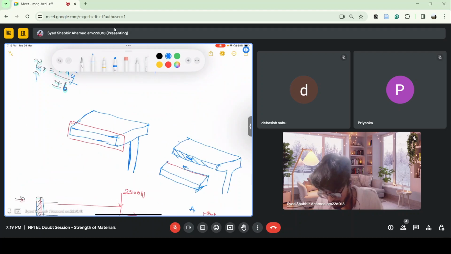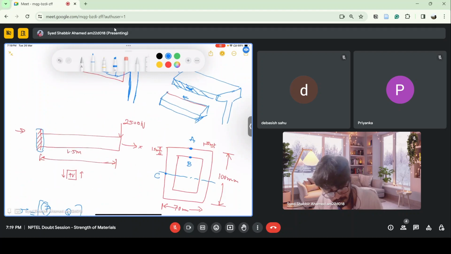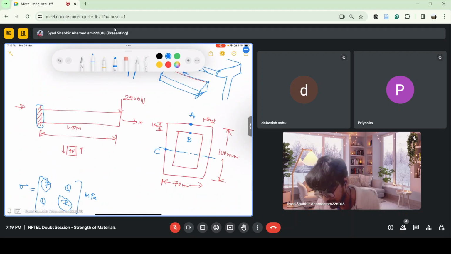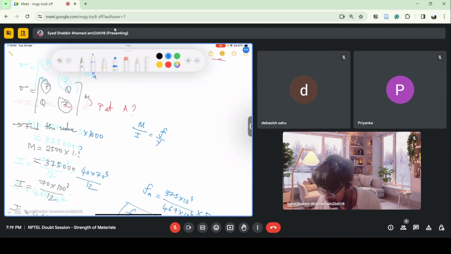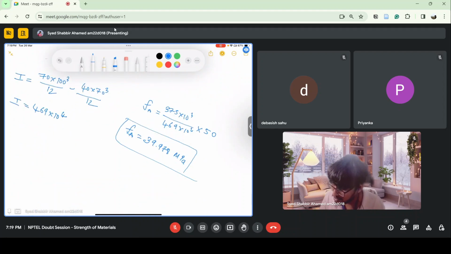And what is the value of P at point B? They are asking for the bending stress at point B. It is just the same thing.